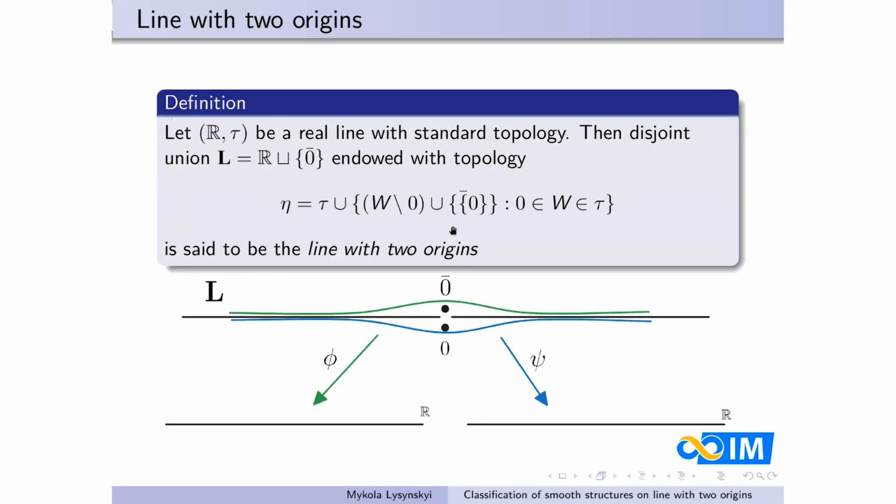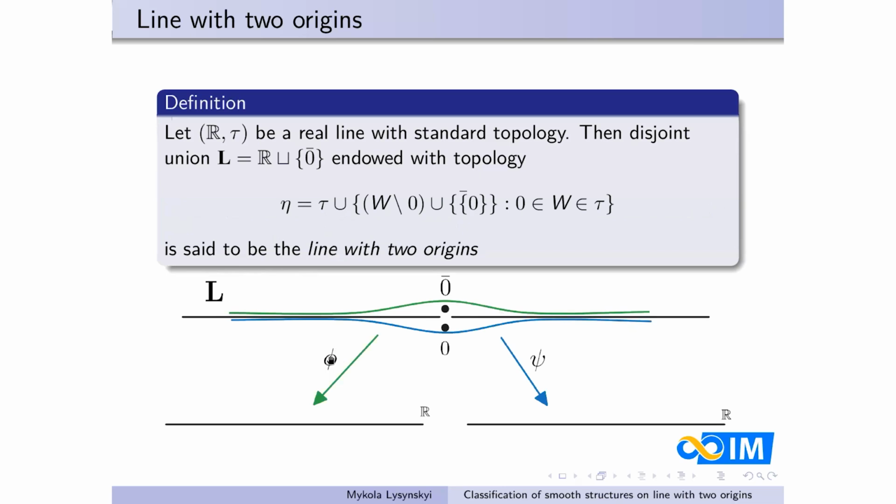First, I should say how we can define the smooth structure. As you can see on this diagram, I draw only two charts: chart psi, which contains 0, and chart phi, which contains 0 dashed.